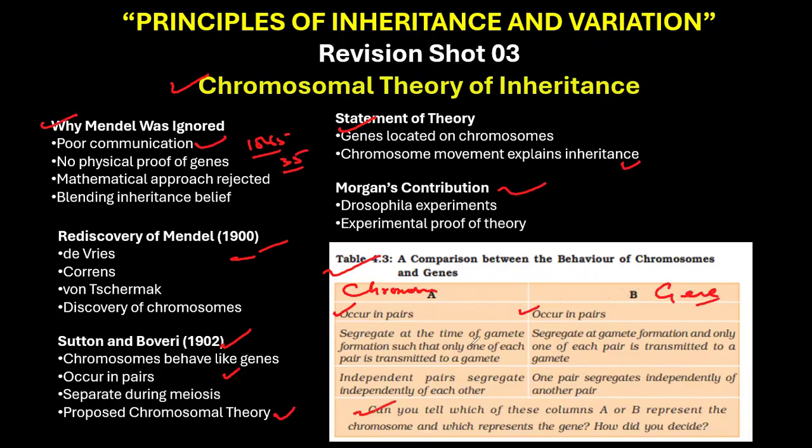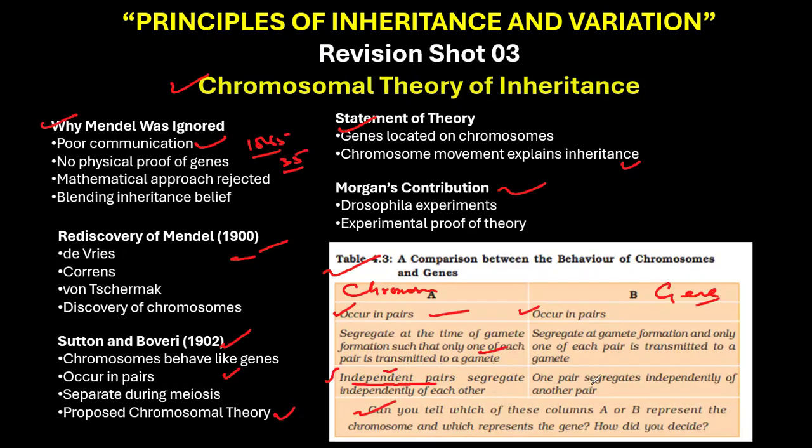B is gene. Why? You can see they are the same, but here you can see one important thing where it is mentioned that these independent pairs separate or segregate independently of each other. This is a very important statement. Independent pairs refers to the different pairs of homologous chromosomes.